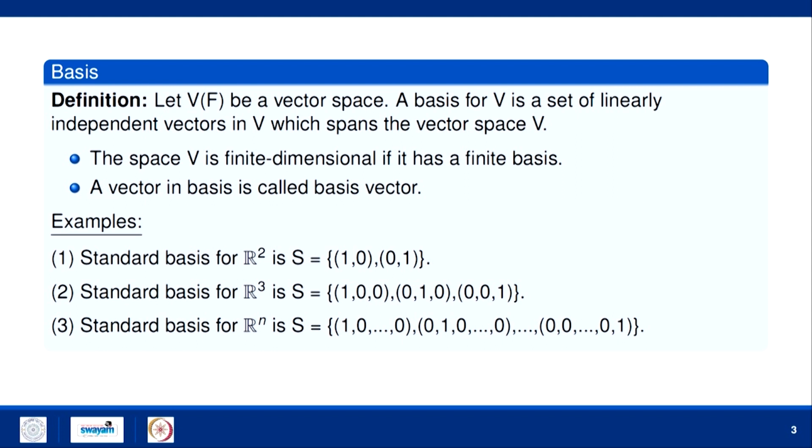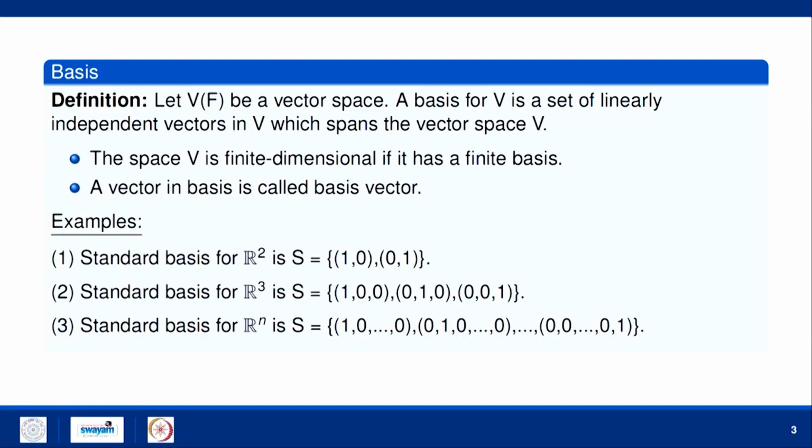First, all the vectors of that set should be linearly independent. Number 2, you take any vector from the vector space V, that vector can be written as a linear combination of the vectors of the basis set.